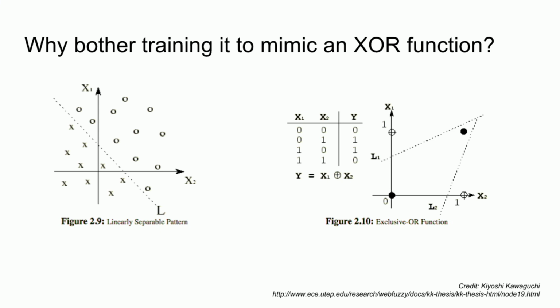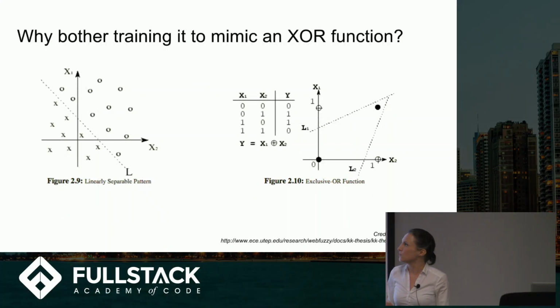A good question might be, why bother trying to mimic an XOR function? Because it's pretty simple, and obviously we have a function that does it perfectly already. The reason we do it is because when the first neural network machine was put together in the 50s or so, it wasn't capable of mimicking an XOR function.